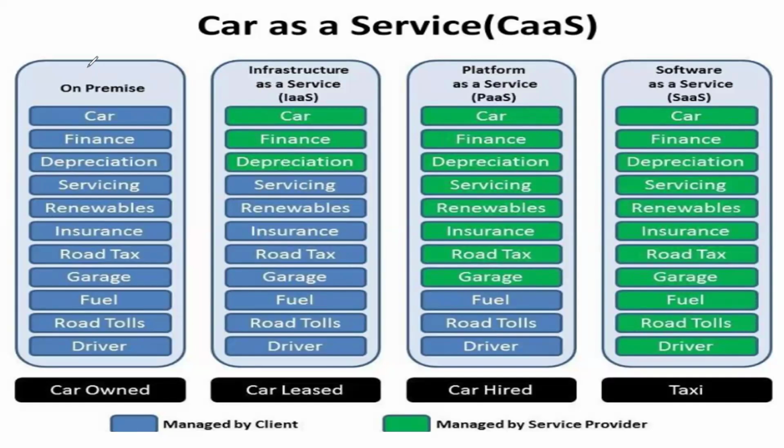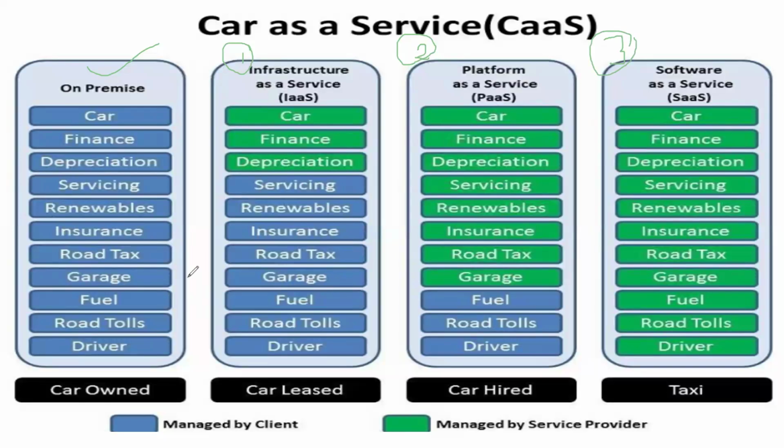One is on-premise. The other ones are the cloud delivery models: infrastructure as a service, platform as a service, and software as a service. I will explore those things, but before that, I am giving the example.